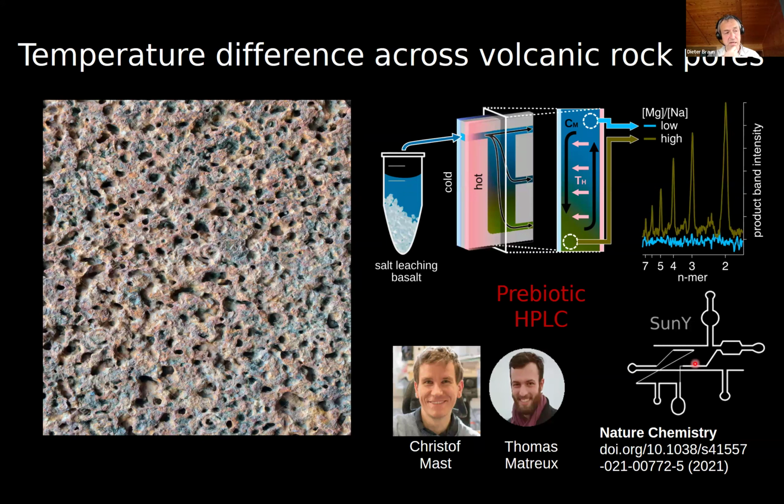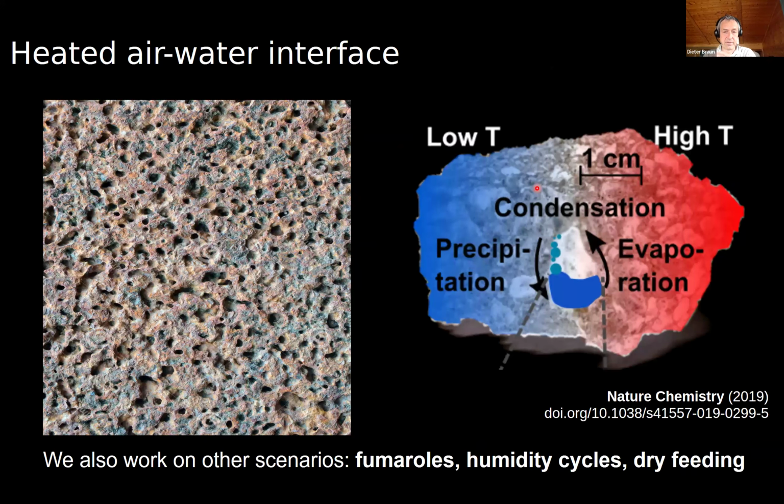And if you checked out the Nature paper of Christoph and me two weeks ago, it also used this system to accumulate amino acids and see how that selects molecule classes and then boosts prebiotic reactions. So this is one way where we can really select and get the molecules together.